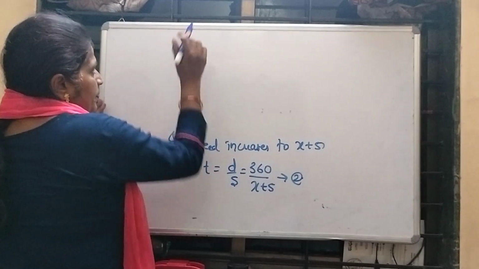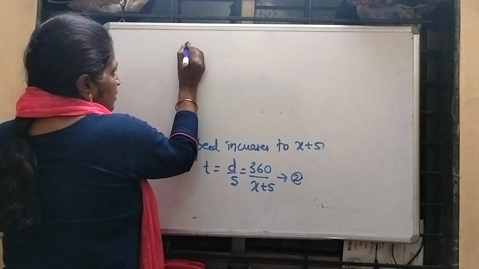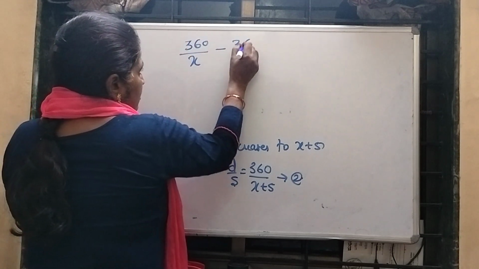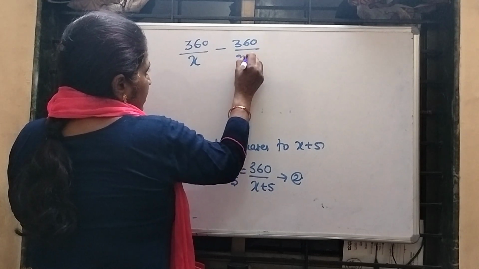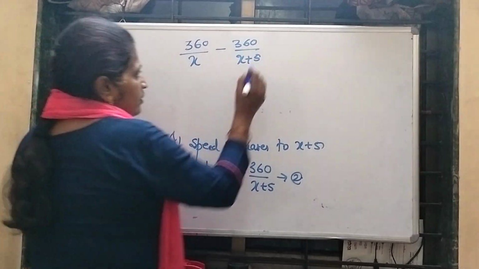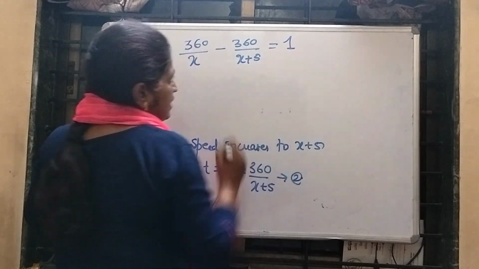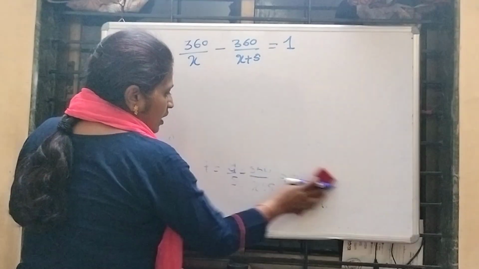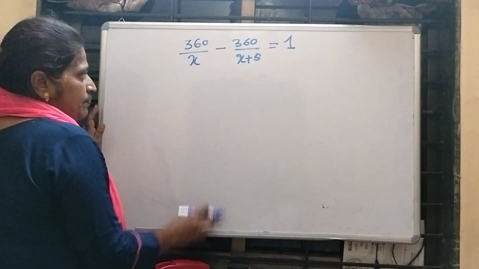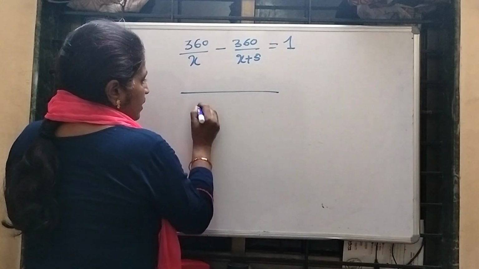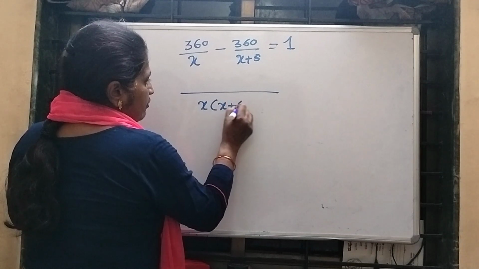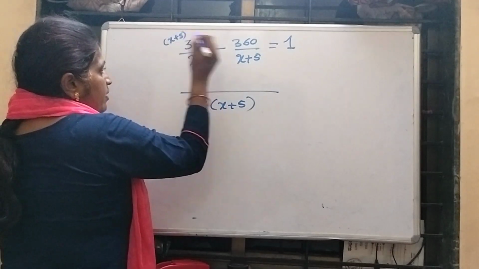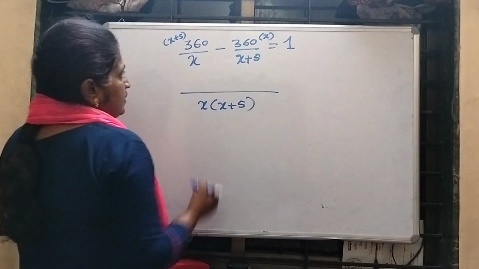So the difference in time becomes 360 by x minus 360 by x plus 5 is equal to 1 hour. Solve this now by taking LCM. LCM becomes x into x plus 5. Multiply this by x plus 5 and this by x.